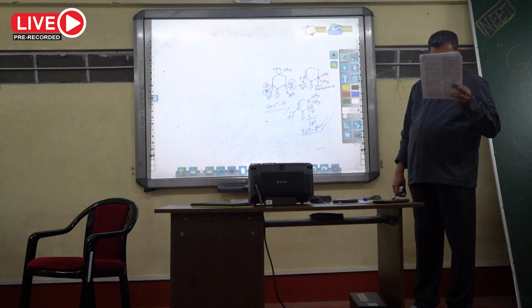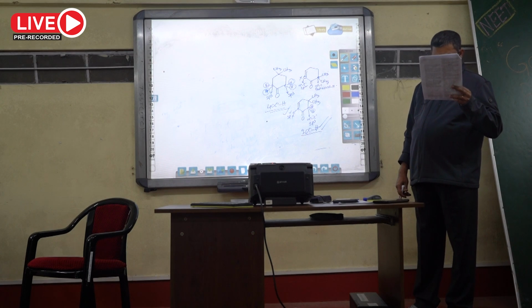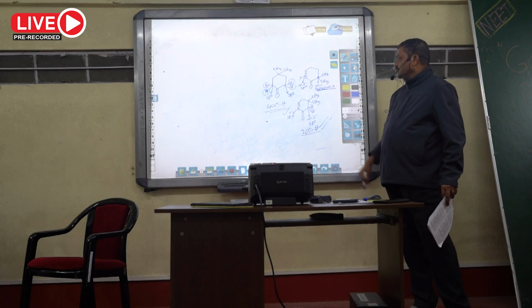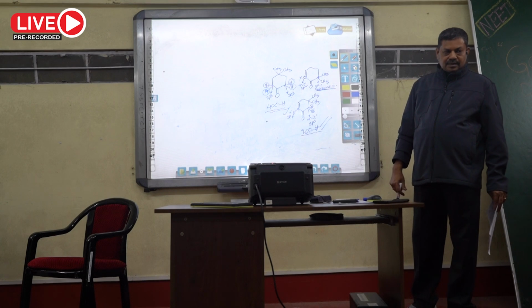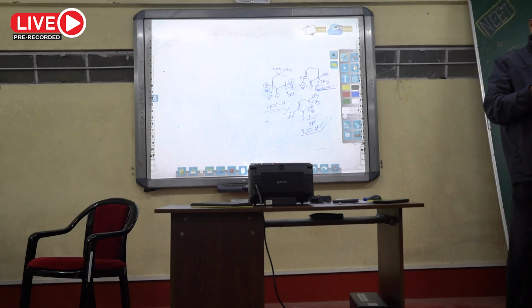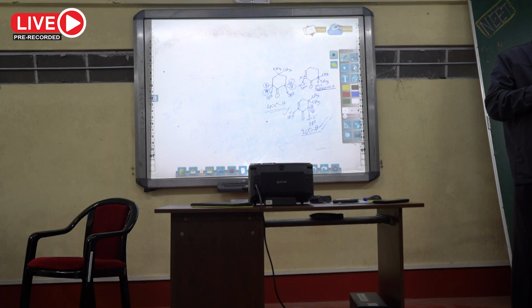Which of the given compounds can exhibit tautomerism? So the answer is 1 and 2 only, not given in your key. Key given is 1, 2, 3. Why can 3 not show? No alpha hydrogen. Carbon is linked with carbons. So 1 and 2. Make a correction.